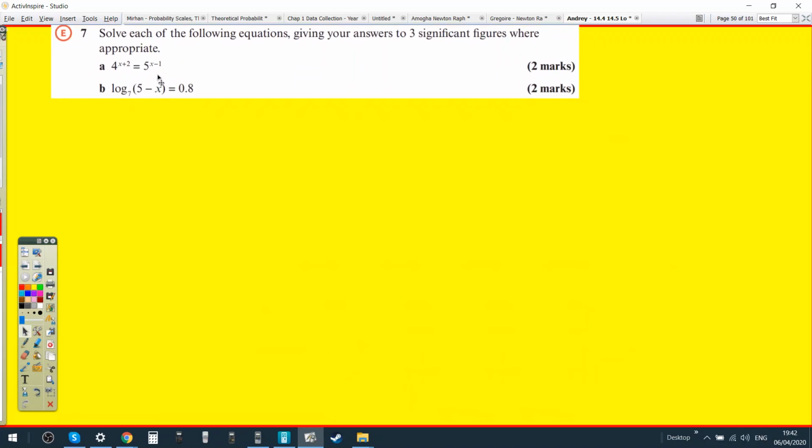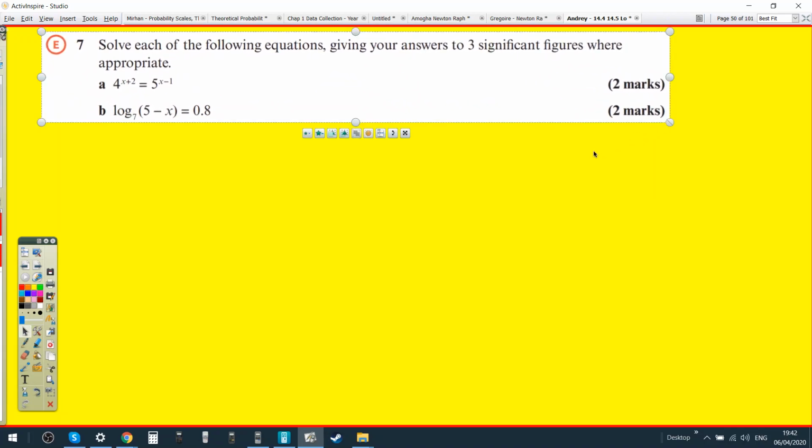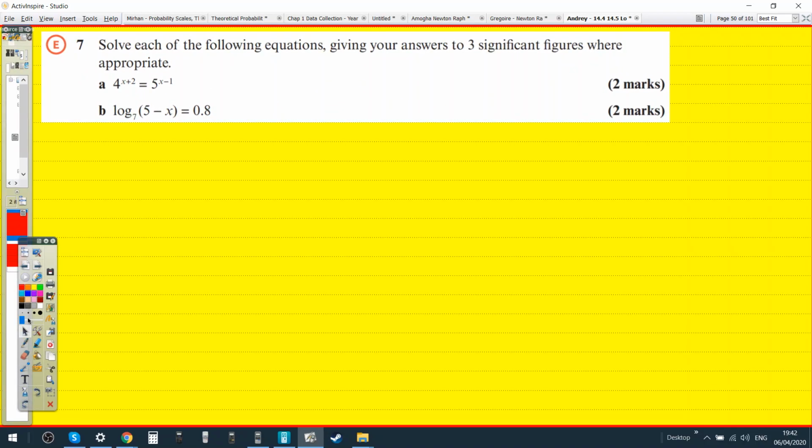If we were to do 7b without a calculator, any idea what that would be? What would be step 1? Would I have to take logs of both sides again? You would do that for part A. Part B already has a log. Could you just do 5 minus x is equal to 0.8 over log 7?